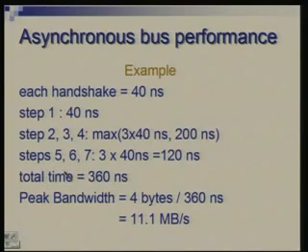And then there are 3 more steps, 5, 6 and 7, each requiring 40 nanoseconds. So another 120 nanoseconds goes for that. Adding all this, the total time for all steps 1 to 7 adds up to 360 nanoseconds. And once again, assuming that the bus is 1 word wide, we get a total bandwidth of 11.1 megabytes per second.